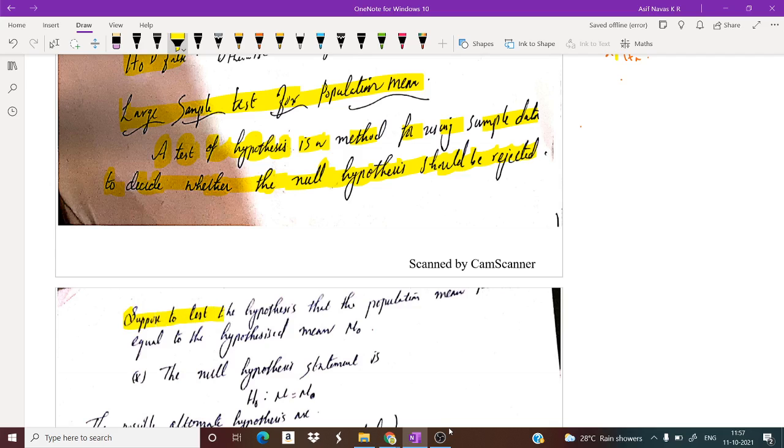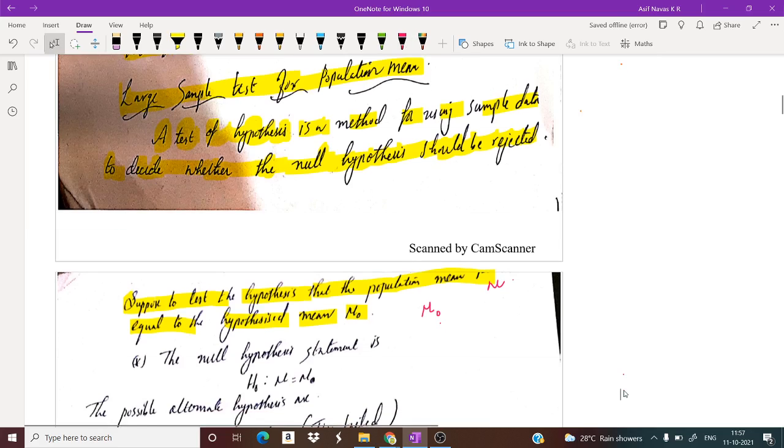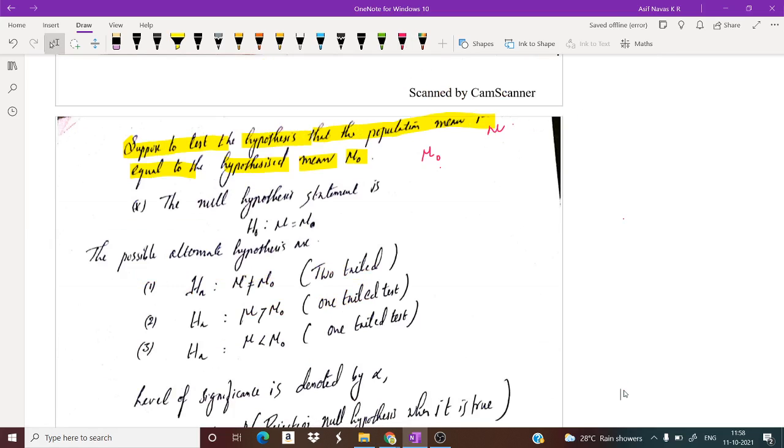Suppose we want to test the hypothesis about the population mean mu, where the hypothesized mean is mu naught. I am taking the population mean as mu and our hypothesis for H naught as mu naught. Now we can write the null hypothesis as H naught: mu equal to mu naught, and there are possible alternative hypotheses.